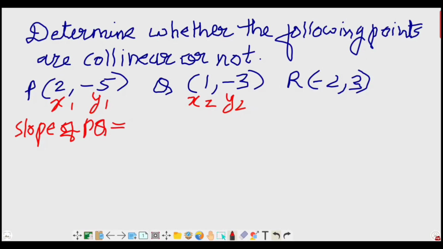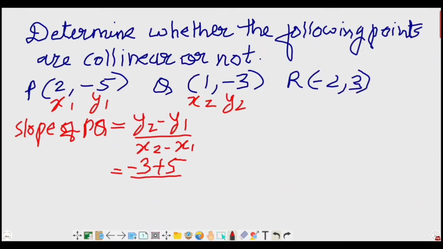Formula, what we have done, y2 minus y1 upon x2 minus x1. Now let's complete this. Minus 3 minus 5 will give you minus 5 upon 1 minus 2. So this will give you 2 upon minus 1. So your slope is minus 2.